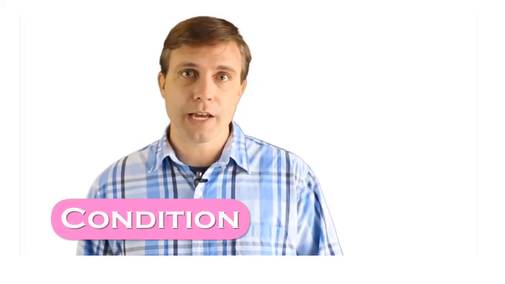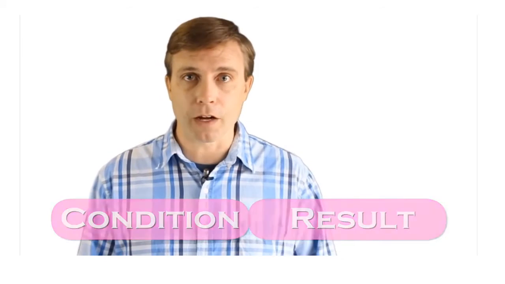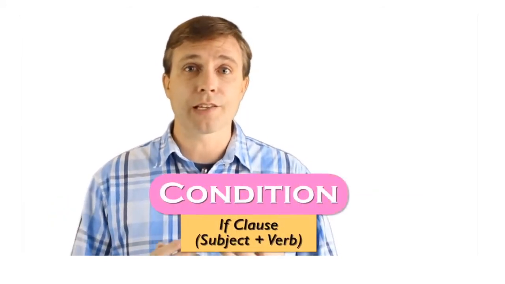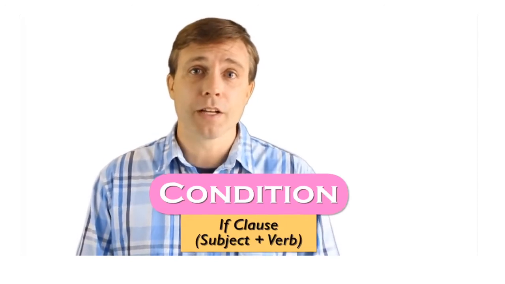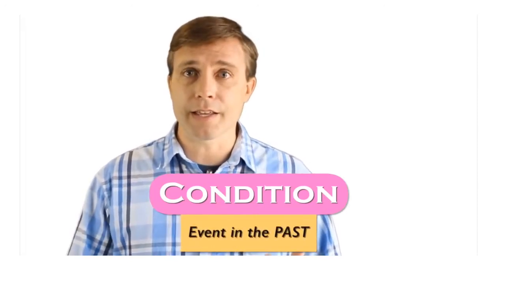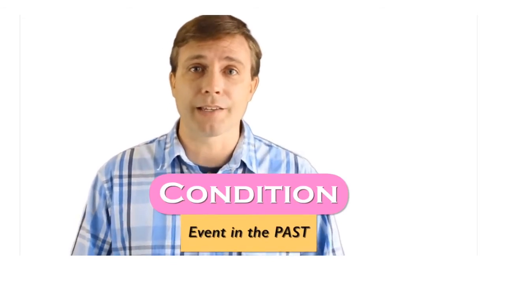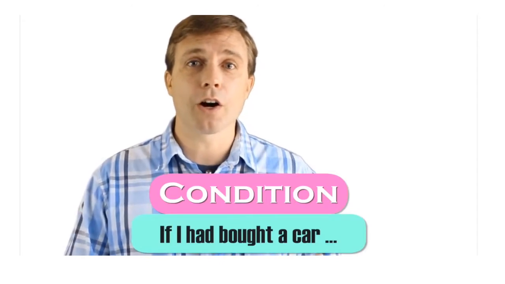Now remember, when we're talking about conditionals, these are if statements, and they're made up of two parts, a condition and a result. The condition, which is our if clause, is going to have a subject and a verb. And in this case, with the third conditional, the condition is talking about the event that we're thinking about in the past. So for example, I could say, if I had bought a car.